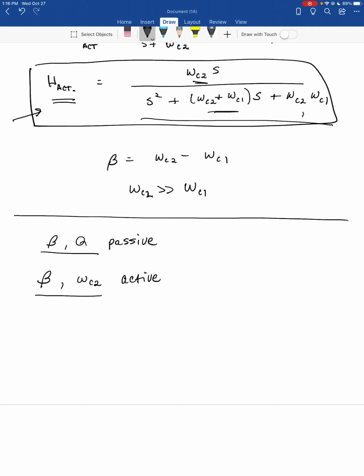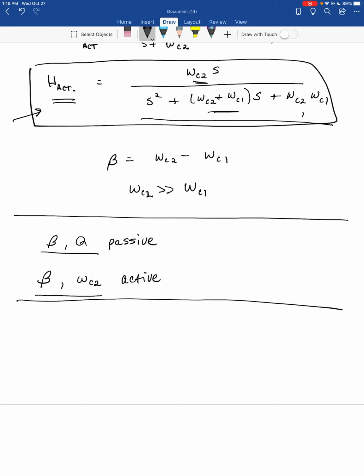The other two are calculated based on specs if it's a design problem. If all three are given, then it's not a design problem, it's an analysis problem. So you can calculate bandwidth, etc. from what's given, and that would be the other type of problem. The design problems and coming up with values of R and L are slightly more challenging, so that's why I chose to work the example on that particular one.